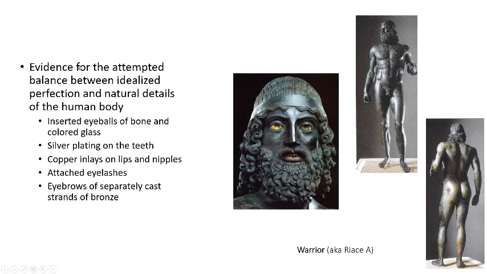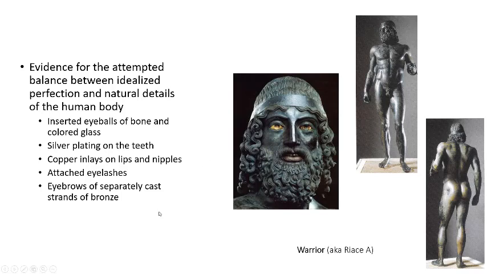There is evidence for the attempted balance between idealized perfection and natural details of the human body. We see that with respect to the inserted eyeballs of bone and colored glass, which you can see in this up-close version of this particular warrior. We see it in the silver plating of his teeth here.